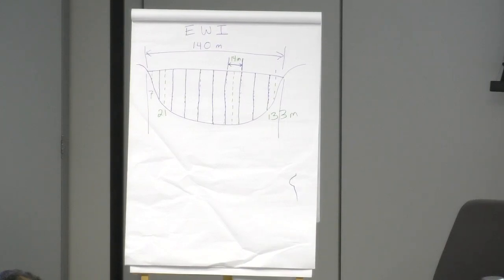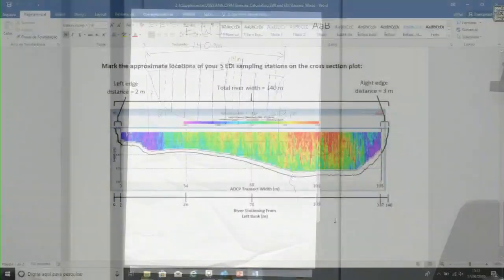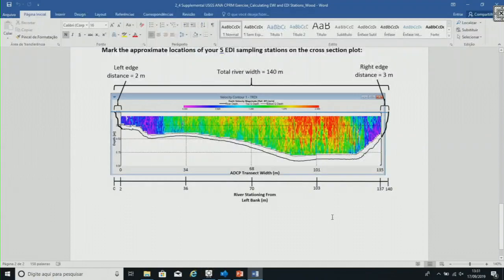Based on EDI, this was simply a matter of marking on the graph where you might collect. I'm going to put this up. Does somebody want to volunteer to use the laser pointer and mark where they would put their verticals?